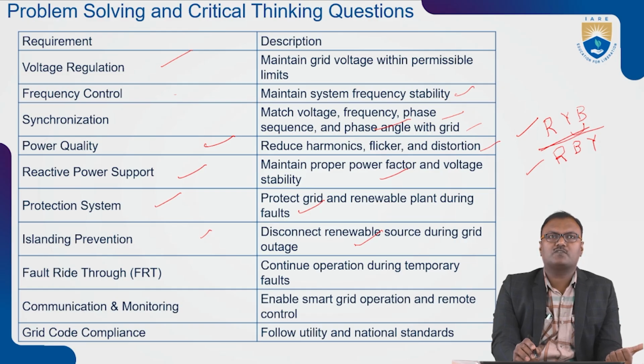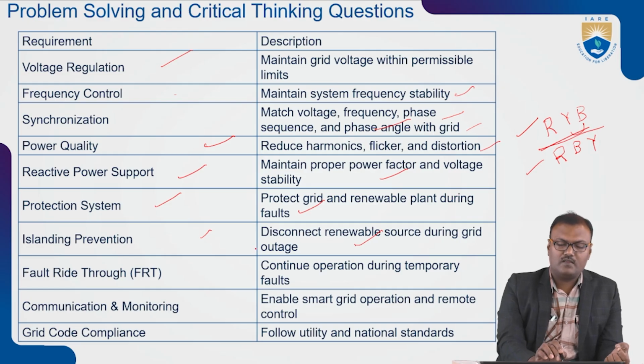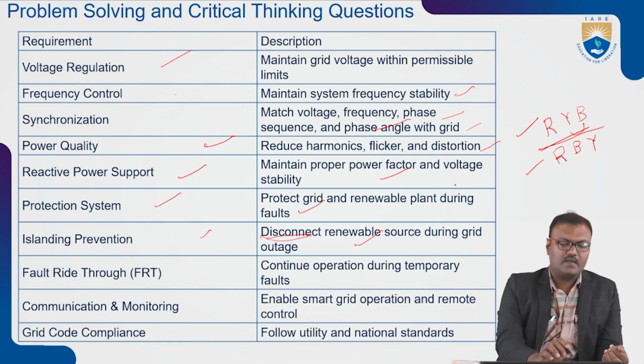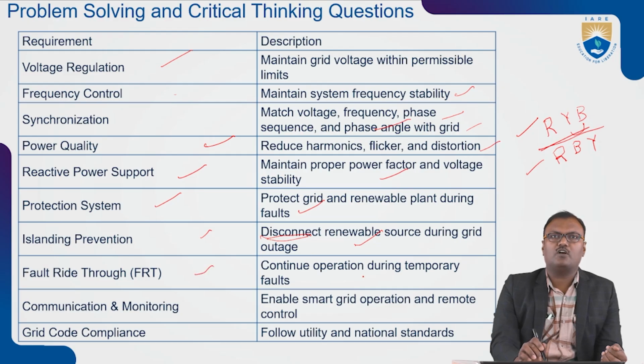Once power production is there, we can supply it to the existing consumers, and once power production is going to stop, we need to disconnect the load from the source. Next is fault ride through, that is continued operation during temporary faults.